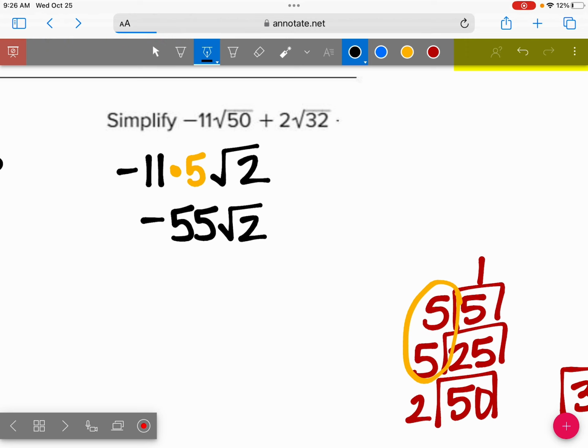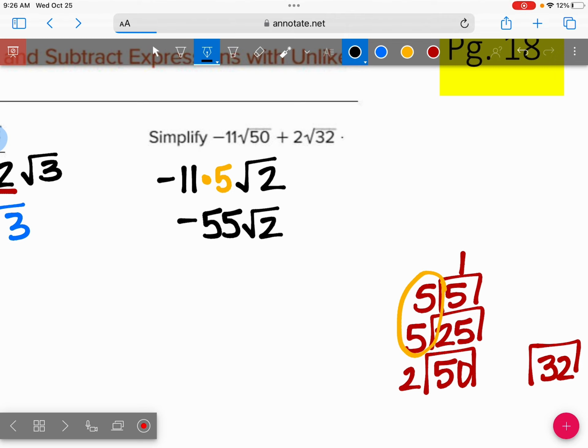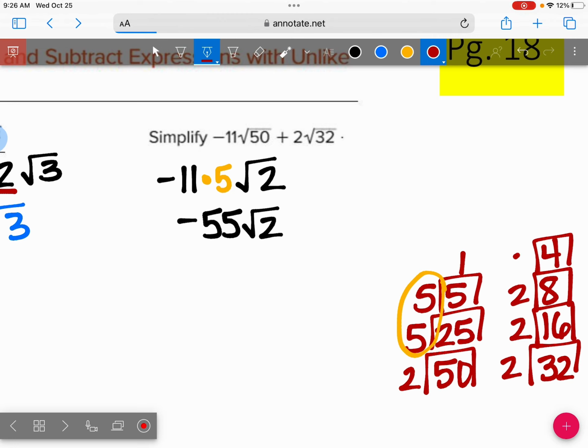All right, so now let's build our cake with 32. How many layers did you have for 32? 5, 5. All right, so let's see how many layers we have. So 2 goes into 32 16 times. 2 goes into 16 8 times. 2 goes into 8 4 times.